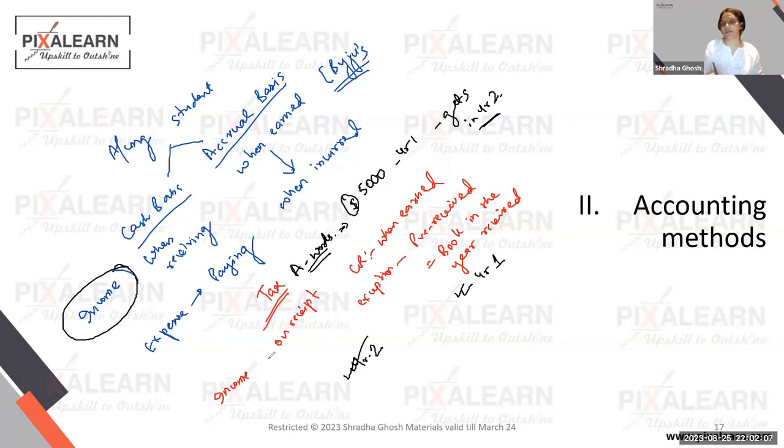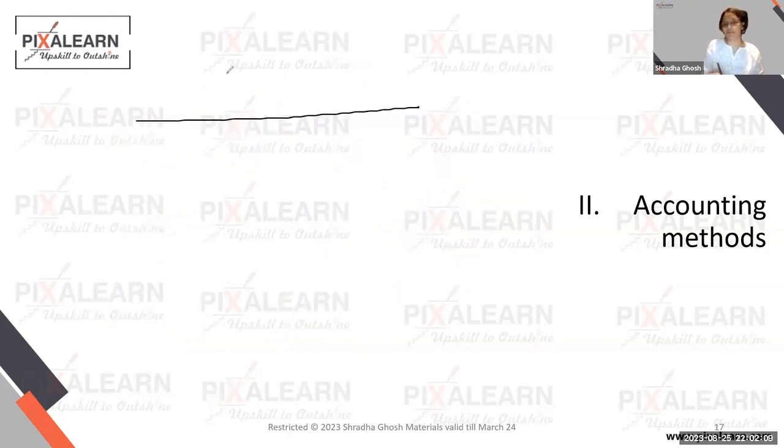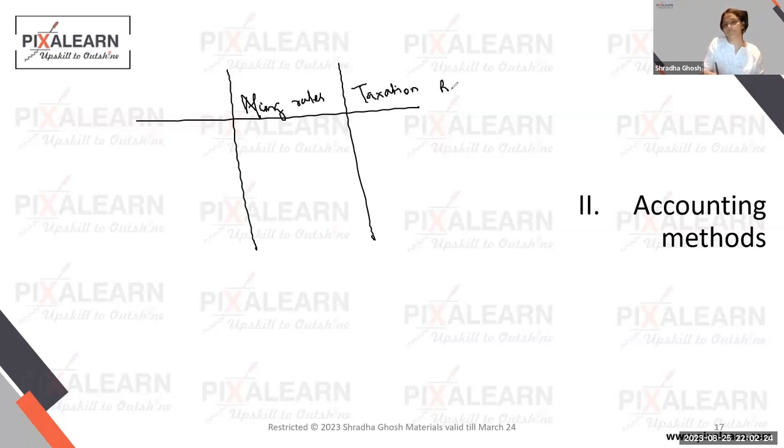Okay. So you will have something like this. You make it accounting rules. You make it taxation rules. Under each of these, you will have cash method and accrual method.